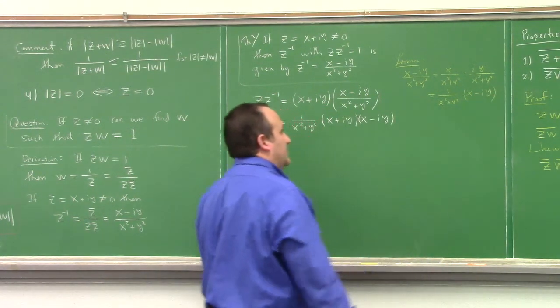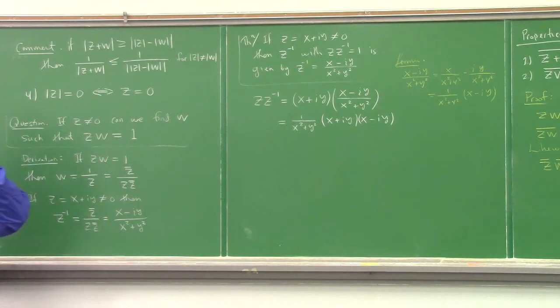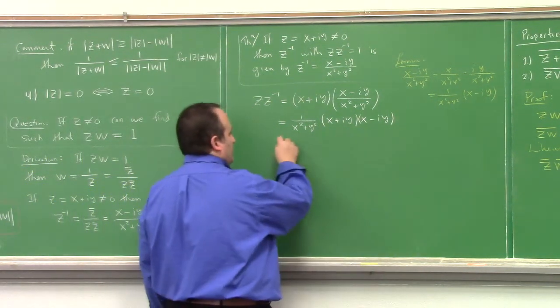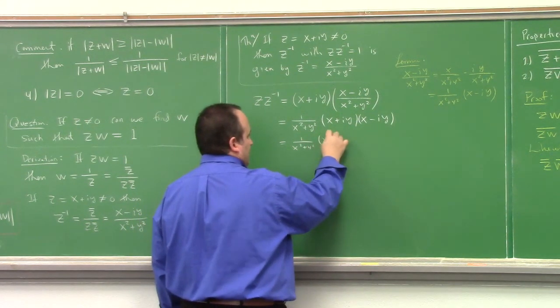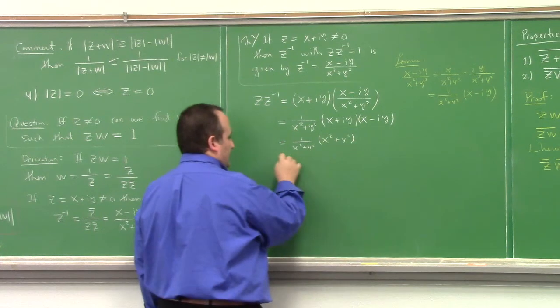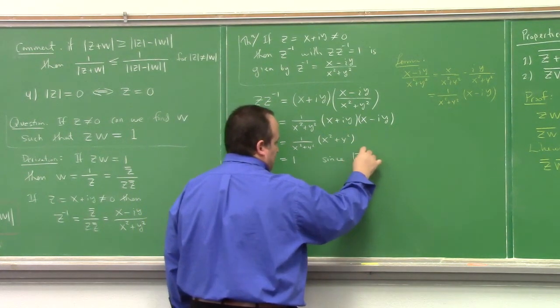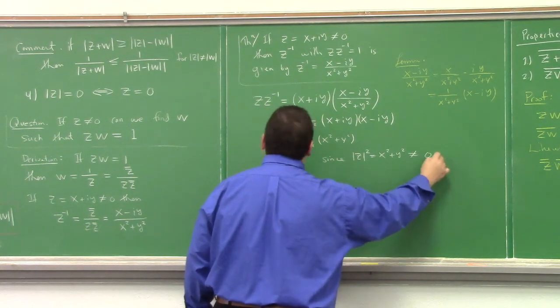To be fussy, I should prove the distributive property for complex numbers to make this totally rigorous, but anyway, it's true. And what happens when you multiply that? Well, you've got 1 over x squared plus y squared times x squared plus y squared, which, of course, is 1, since the modulus of z squared is x squared plus y squared, which is not equal to 0 by property 4.